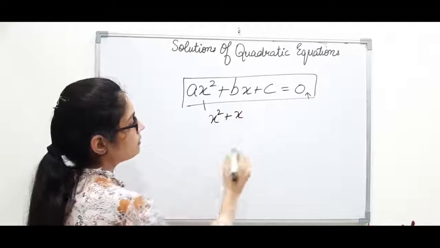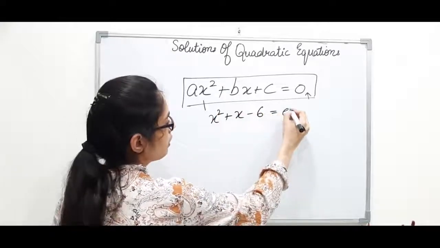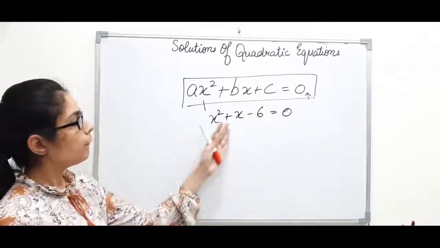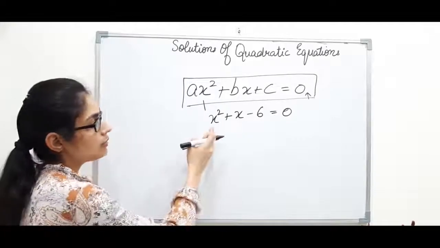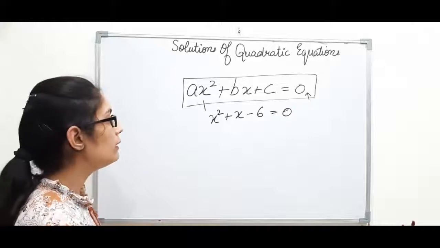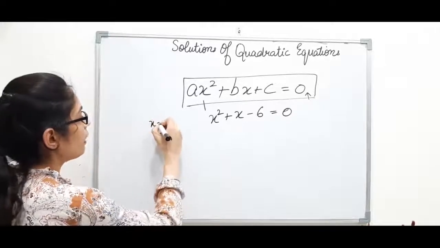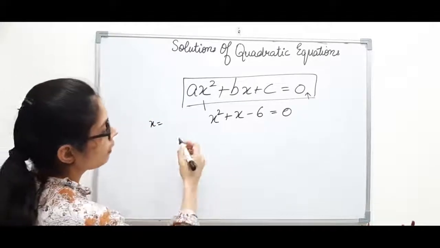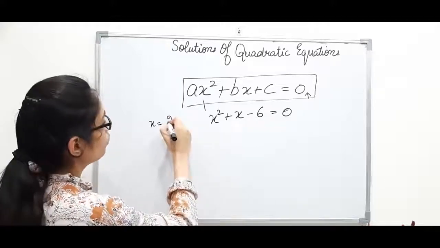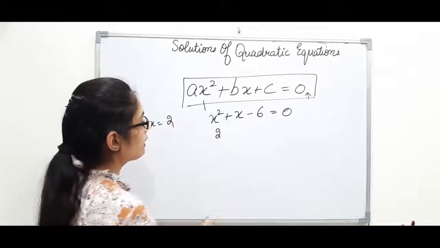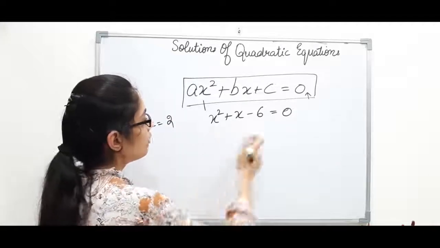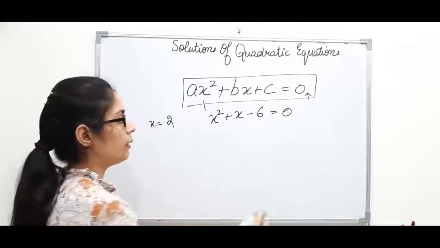So I'll take this example. You can see x square plus x minus 6 is equal to 0. This is a quadratic equation. Now let's assume the value of x is equal to 2. So I'll put x equals 2 wherever I can see it, and I will take only the left hand side of my equation.